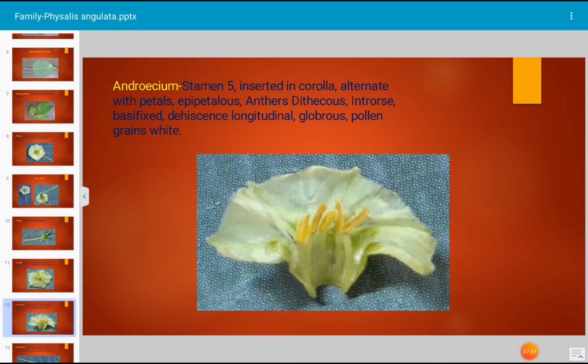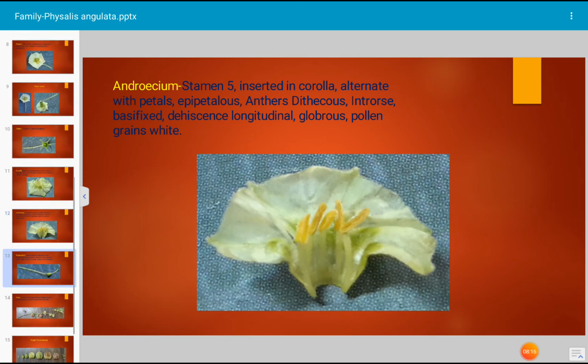Such an anther is described as basifixed anther. Dehiscence of the anther is longitudinal. A longitudinal slit occurs naturally in the anther lobe and the mature pollen grains are released from the anther lobe. Glabrous means soft. Pollen grains are white in color.